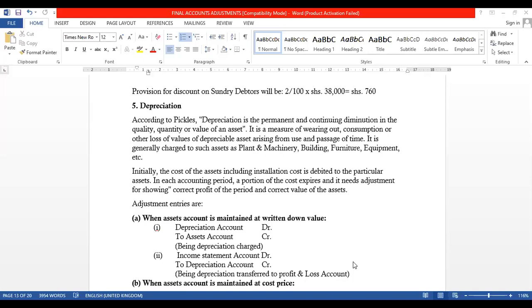For example, if it is a motor vehicle, and you have been told that the depreciation rate is 10% per year, and it was bought last year, then this year you will reduce the cost of that asset by 10%. So whatever will appear in your balance sheet as net book value will be the cost minus 10%.